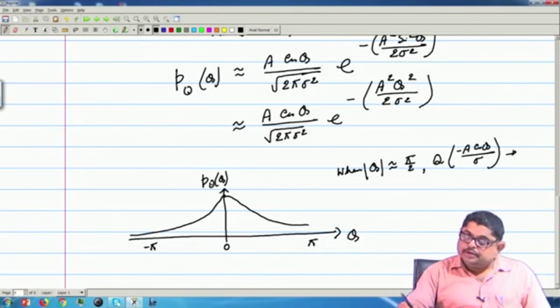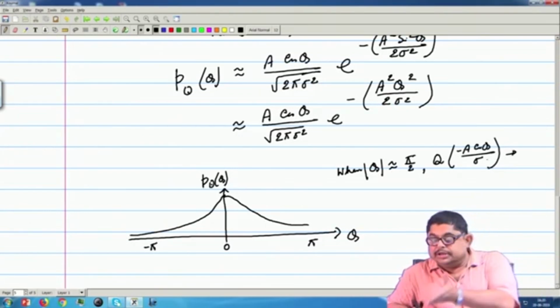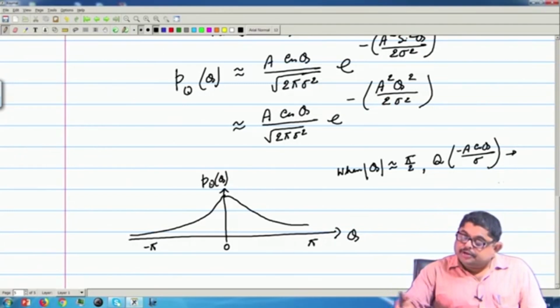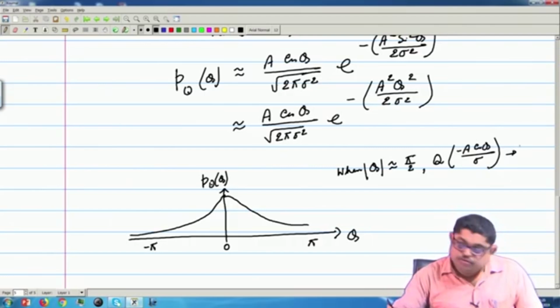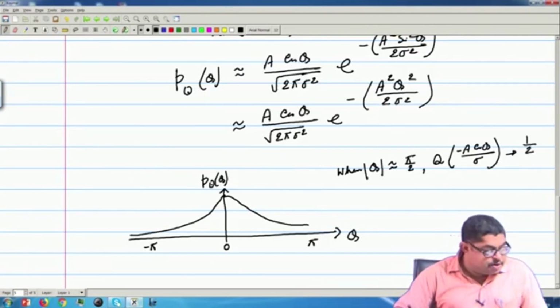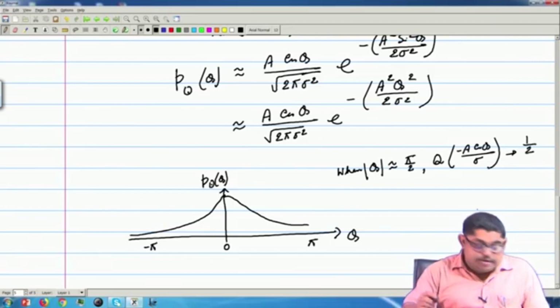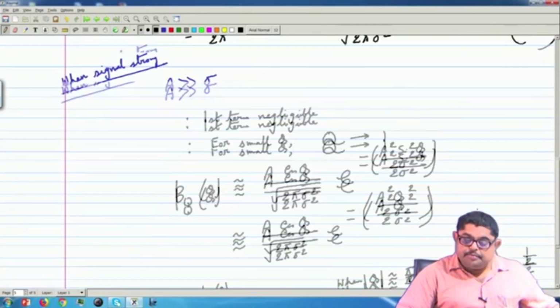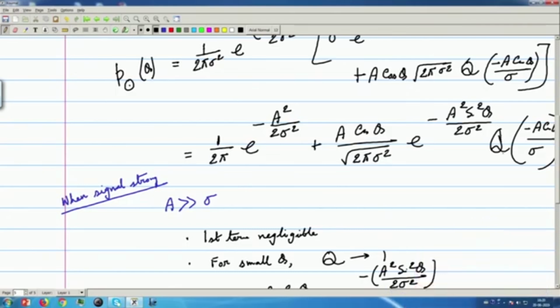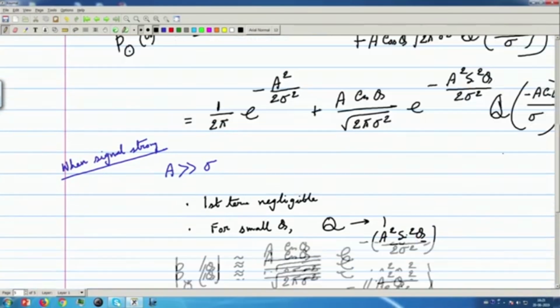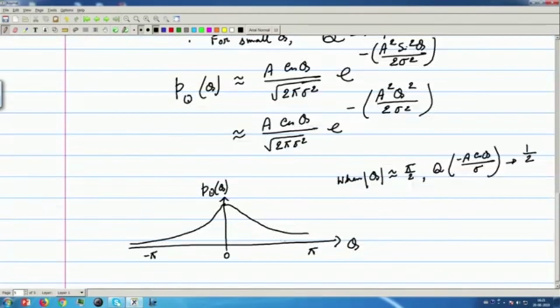It is basically Q of almost 0, so the Q function goes to half, but the main thing is this is still negligible. Also, for this theta the overall probability is very small. So, we are not at fault to have this type of curves.